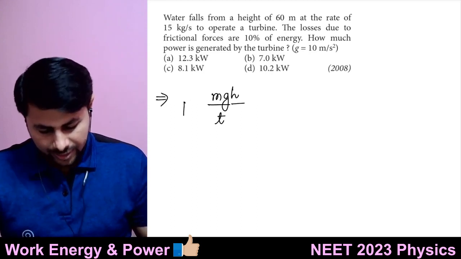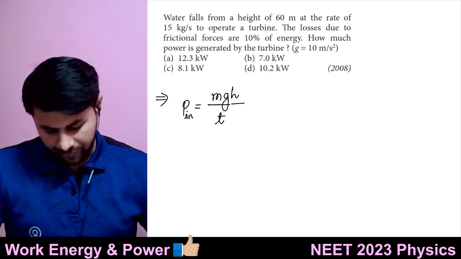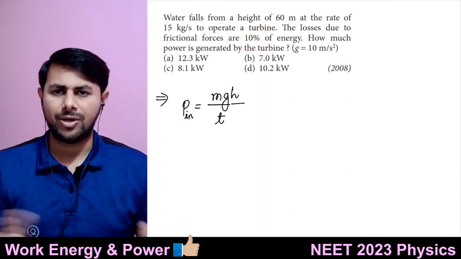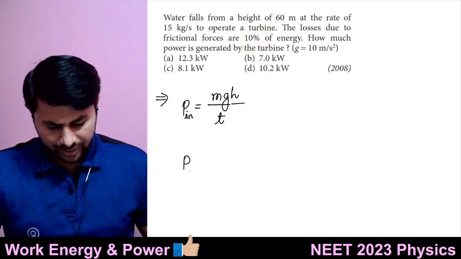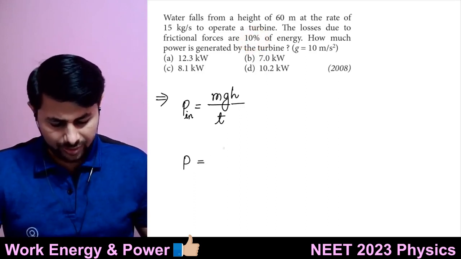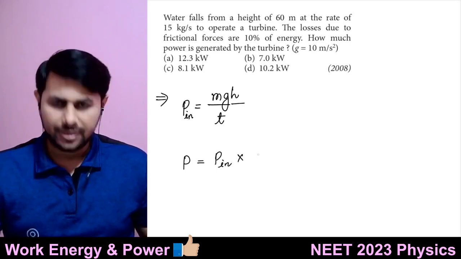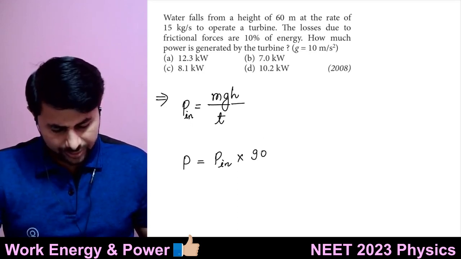So this is the input power, you can say. And since there is 10% loss, that means how much power would be delivered? So power delivered to the turbine, P, will be equal to input power multiplied by 90% because 10% is lost. So 90 upon 100.